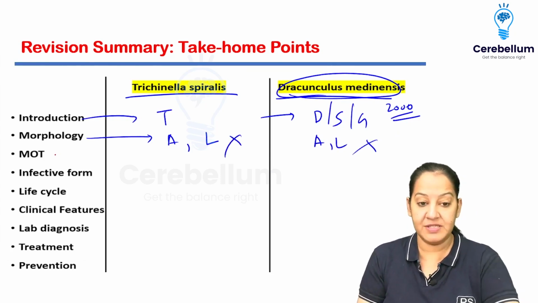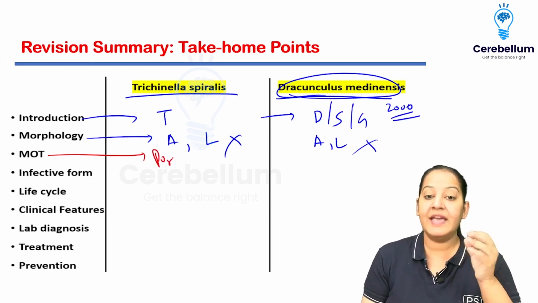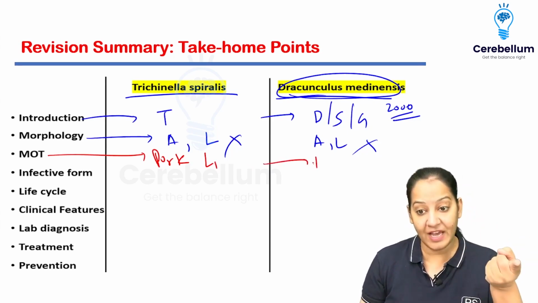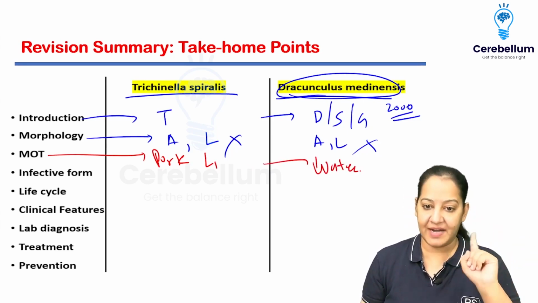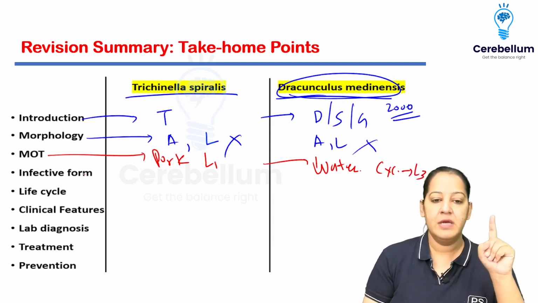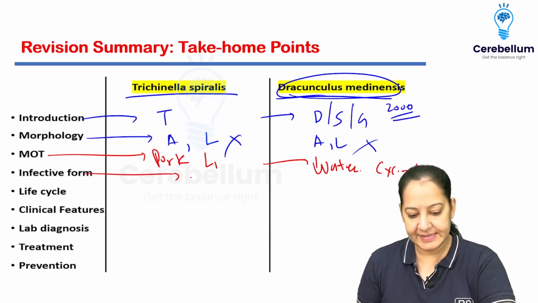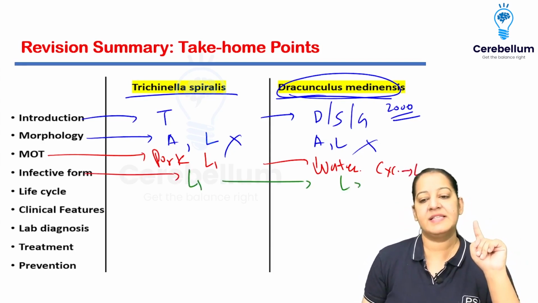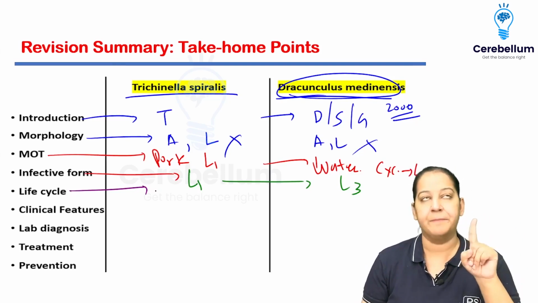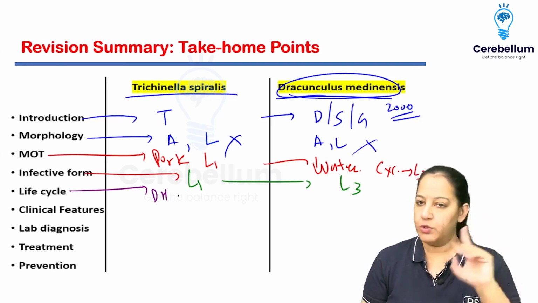The mode of transmission is different. Here the mode of transmission is eating pork containing L1 larva. Here the mode of transmission is drinking water from a stagnant source containing cyclops. The cyclops contains the L3 larva. So the infective form here is L1 larva and here it is L3 larva. In the life cycle, here we have only one host, the definitive host, no intermediate host.